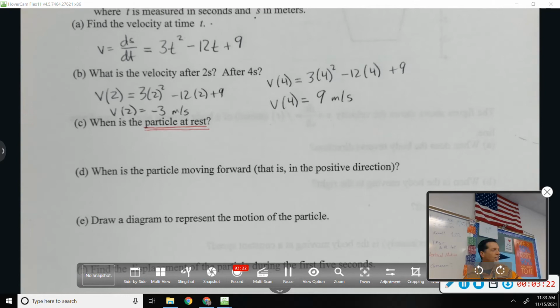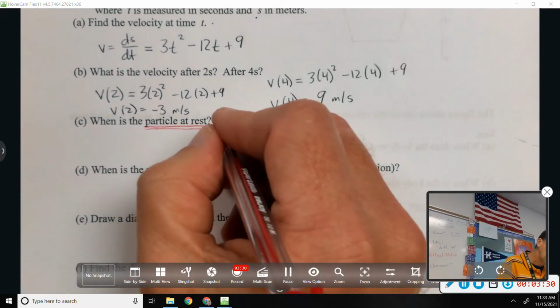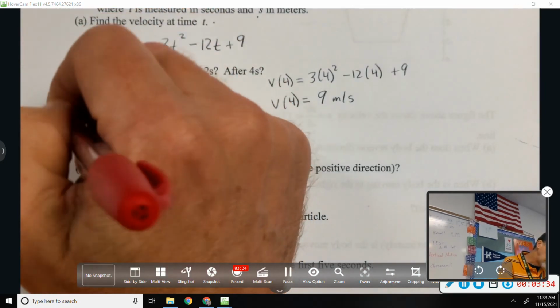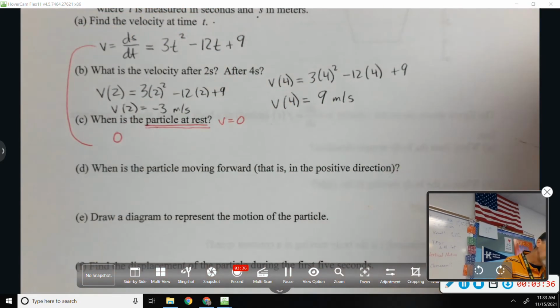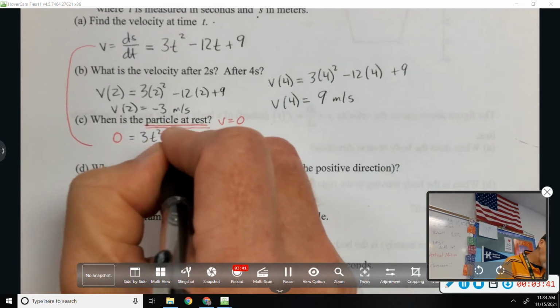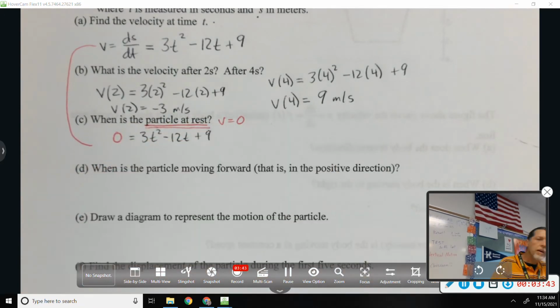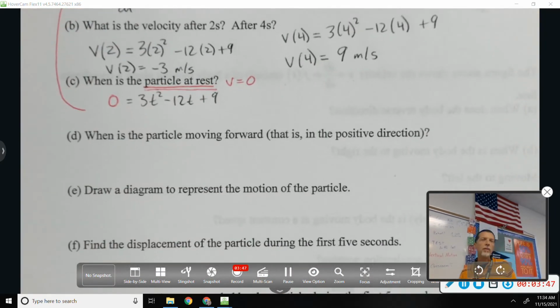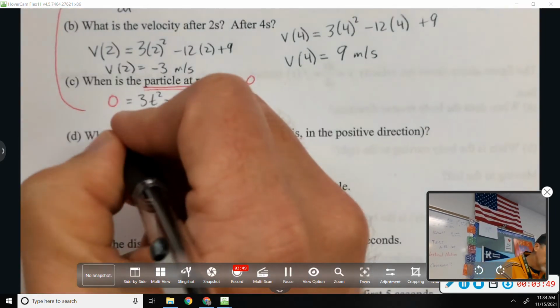Particle at rest. Somewhere. What does that mean? Oh, it equals 0. It means velocity is 0. So we'll take our velocity equation and set it equal to 0. Now we can figure out, well, I hope it factors.